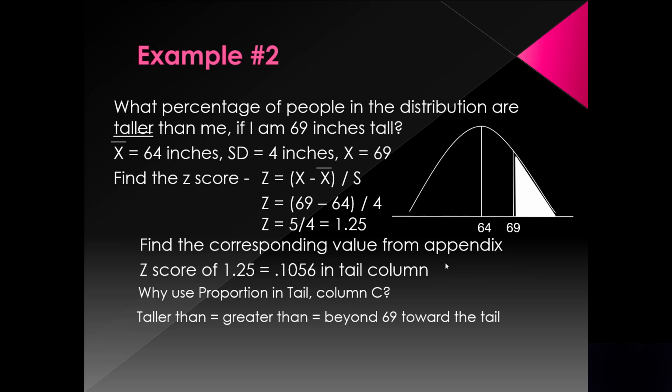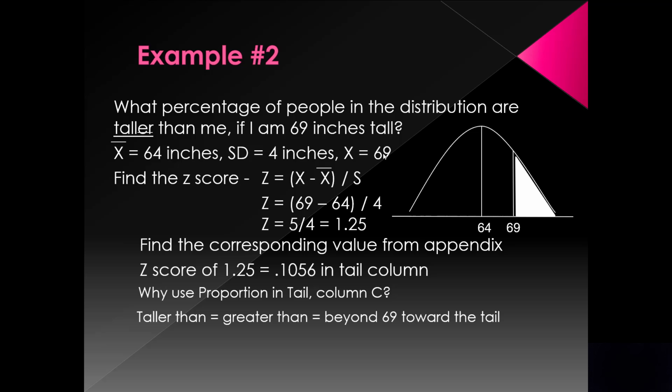Boom, here's another example. What percentage of people in the distribution are taller than me if I am 69 inches tall? Okay, so in the problem, it's giving you the value, which is 69, and it's asking you what percentage of people are taller. And it's giving you the mean, which is 64 inches, and the standard deviation, which is 4 inches, and you have the value.